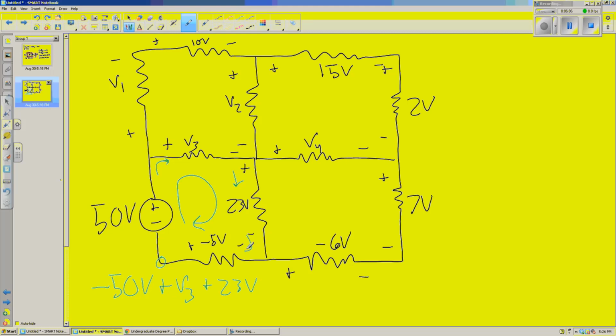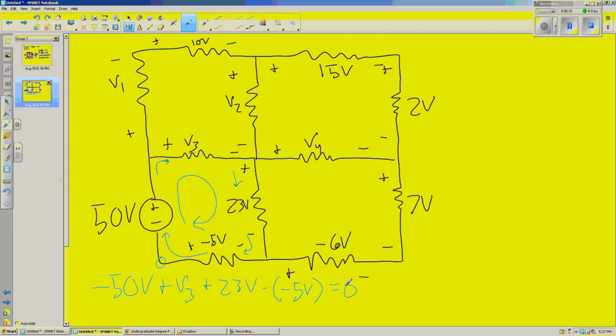And then we get to someplace a little funky. We have a negative voltage that we need to subtract, which is just the same as adding. So negative 5 volts here. And then we come back around, and this must equal 0.